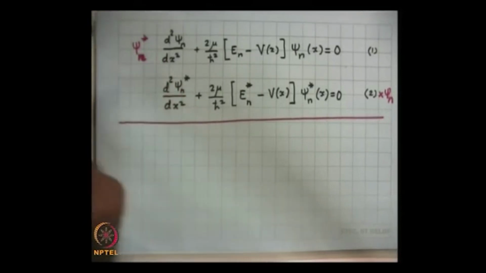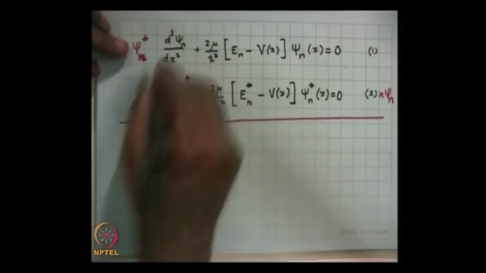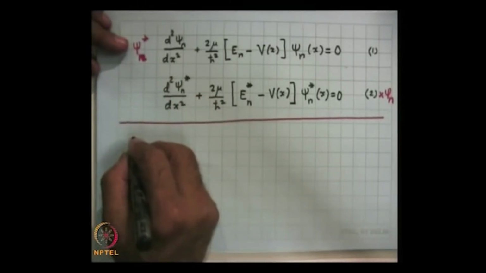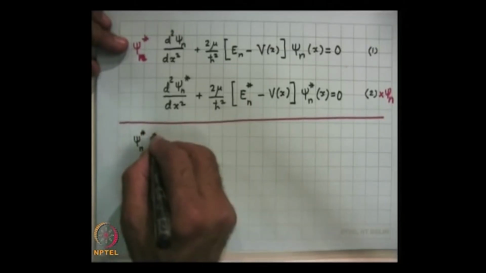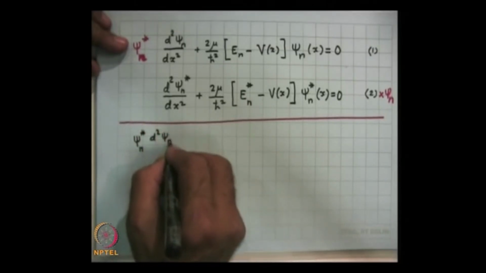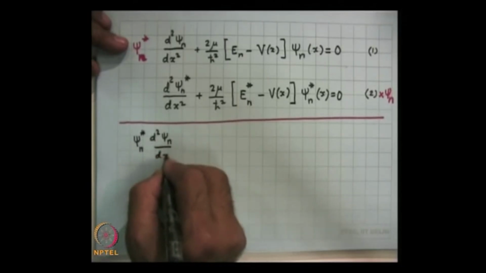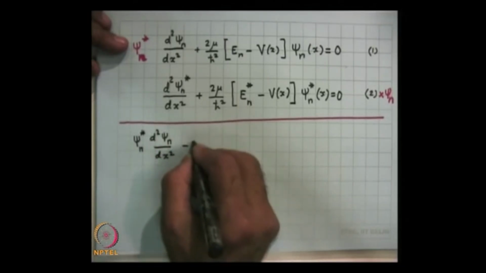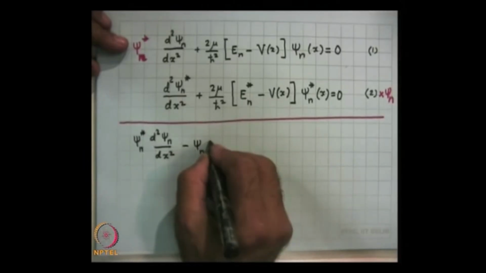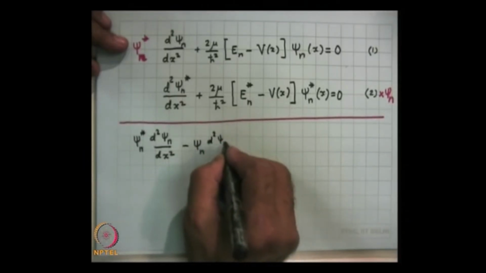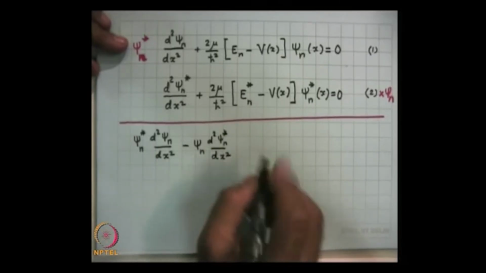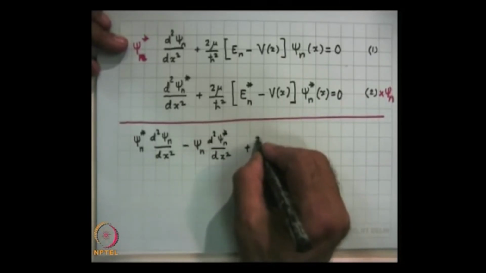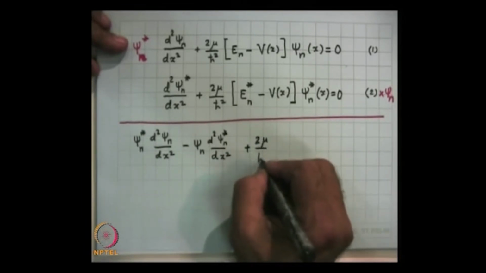So the left hand side, the first term will be, if you see this carefully, psi n star d2 psi n by dx square minus psi n d2 psi n star by dx square, plus 2 mu by h cross square.